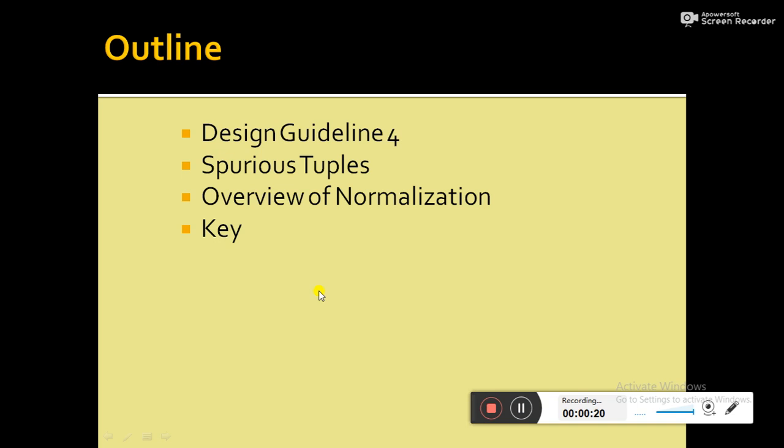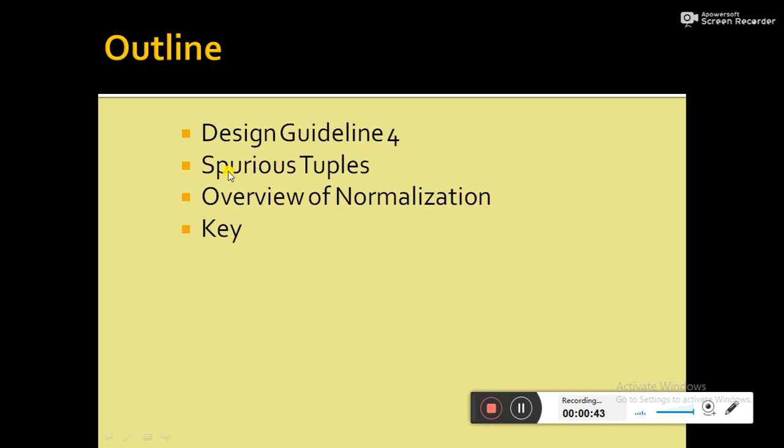These are the topics which I am going to cover during my lecture. In my previous lecture, I have discussed the guidelines. Specifically, I have discussed three guidelines which we need to follow while designing a relational database. In this lecture, I will discuss guideline 4. So if we follow these 4 guidelines, then we will come up with a good relational database design.